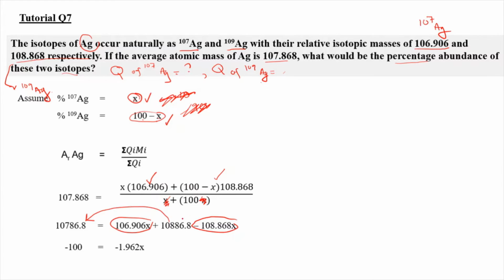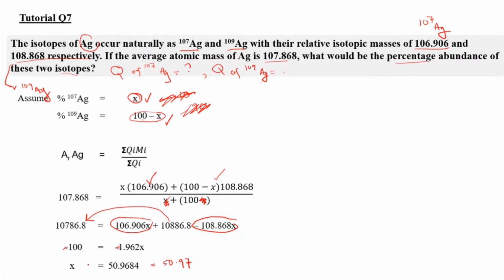So what we're going to get is negative 100 as well as negative 1.6, negative 1.962x, and then the negative and negative can be cancelled out, and then we settle the value. We find the value of x here, where we're going to get 50.964, or you can put it as 50.97.